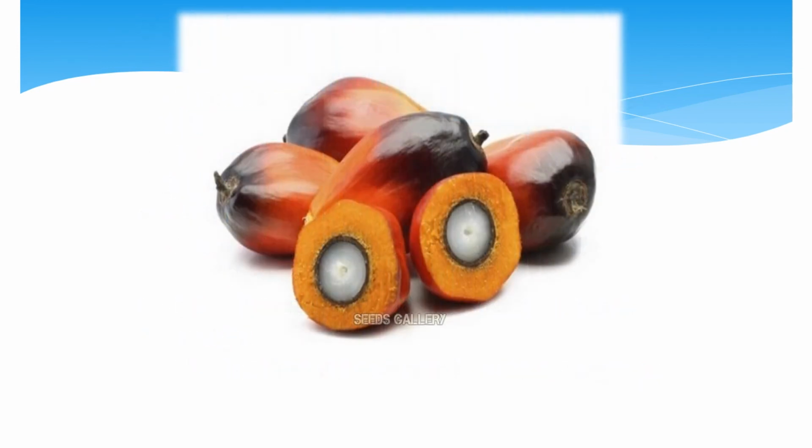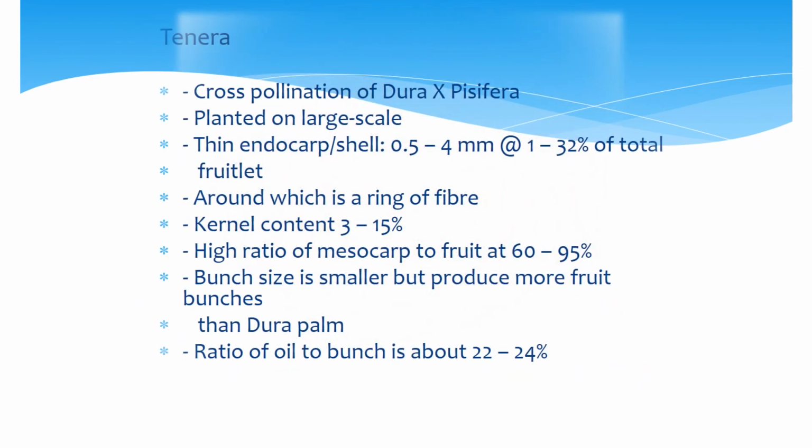Okay, for Tenera. Tenera is a cross-pollination of Dura with Pisifera. Planted on a large scale. Thin endocarp or shell, 0.5 to 4 mm or 1 to 32% of total fruitlets, around which is a ring of fiber.